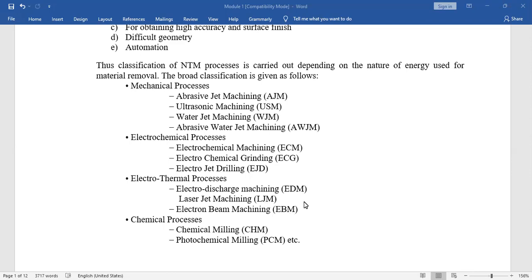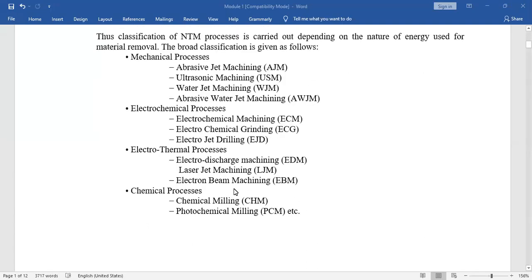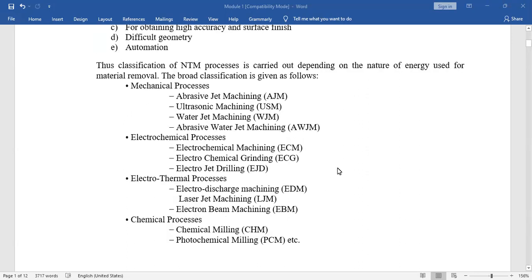In your syllabus you have to study all these three machining processes. And last is the chemical process, which includes chemical milling and photochemical milling. Here you only have to study the chemical process for the removal of the material. So this completes your syllabus.